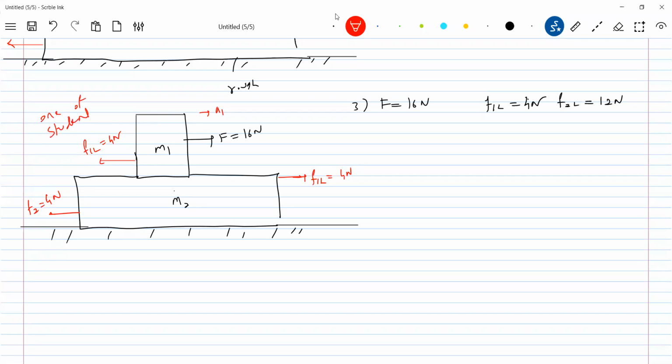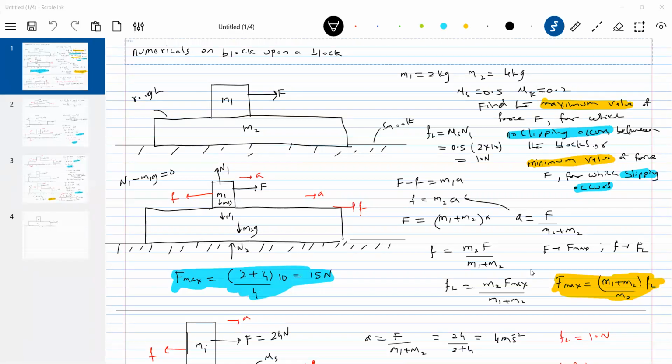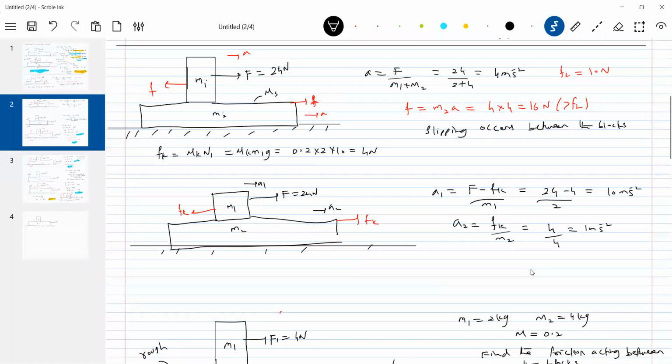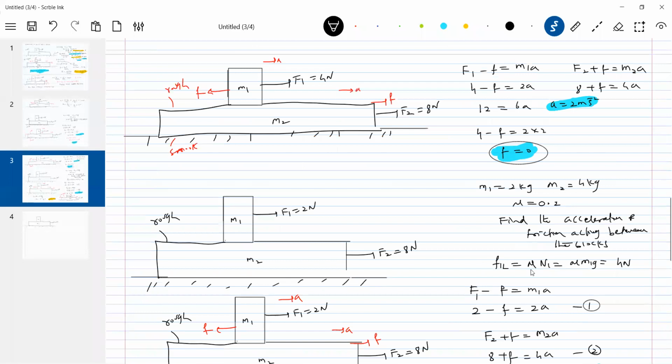Let me keep it as it is. Whether I'm right or wrong, one of the students thinks like this here.